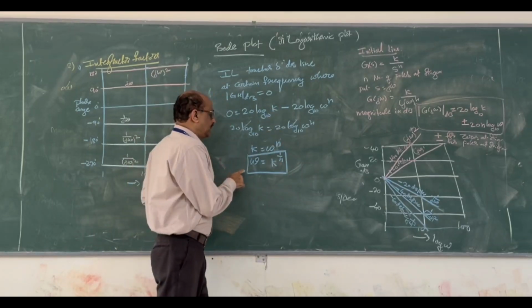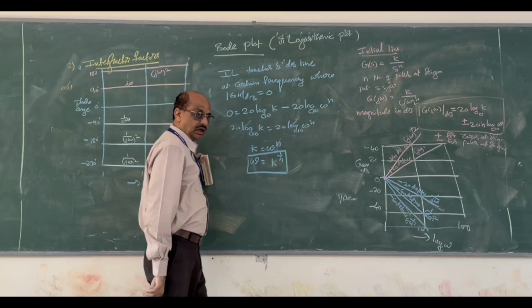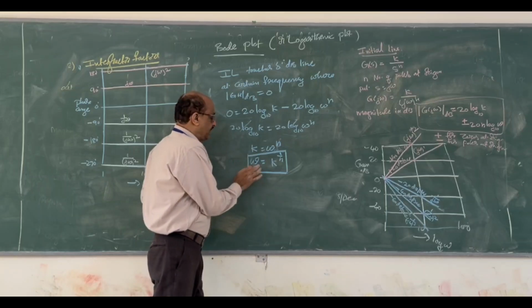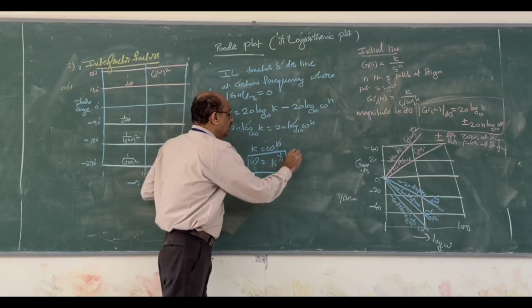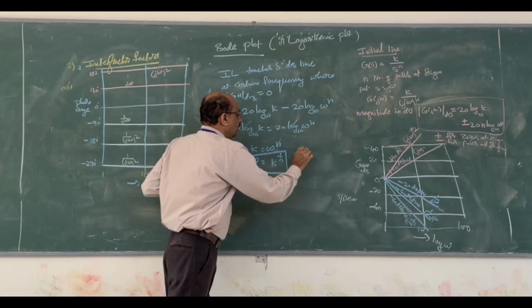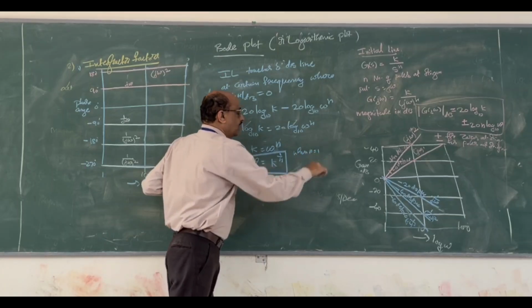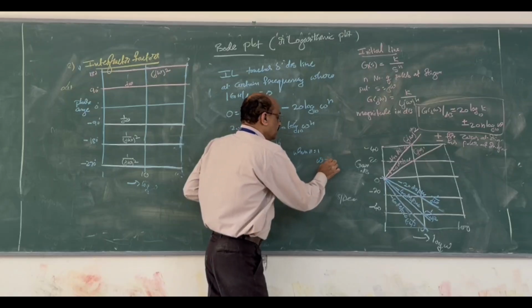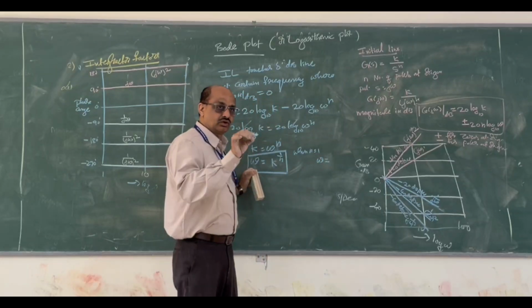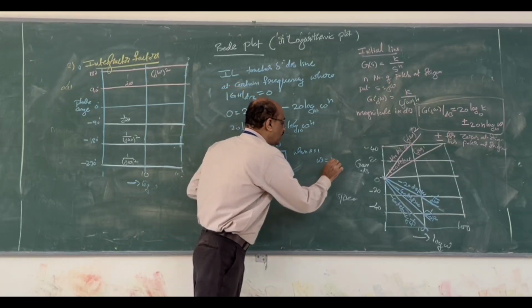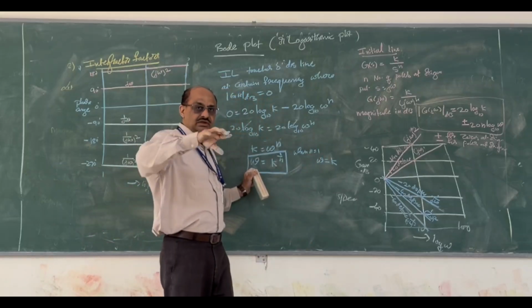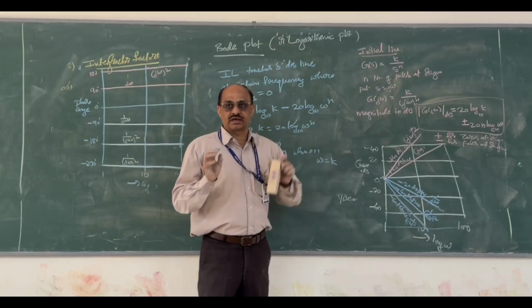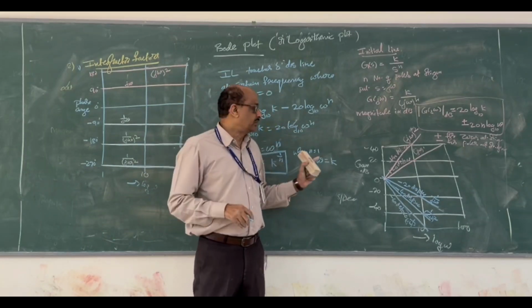Very, very important. This is one of the key factors here. Note that when n equal to 1, one pole is there, so the initial line meets the 0 dB line at omega equal to k. In your transfer function, you can know what k is.